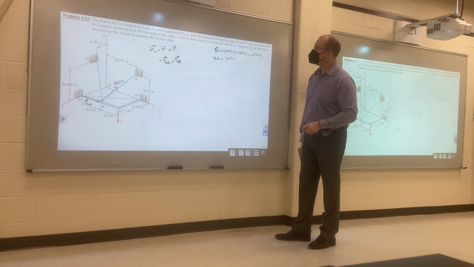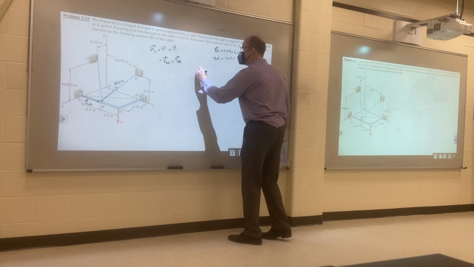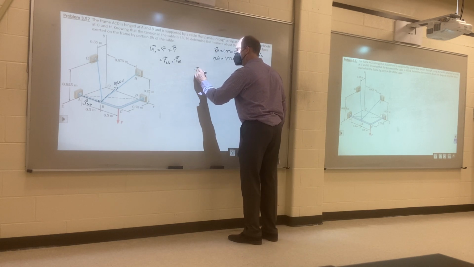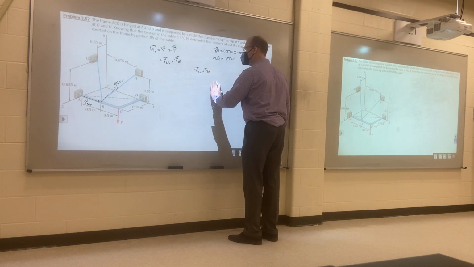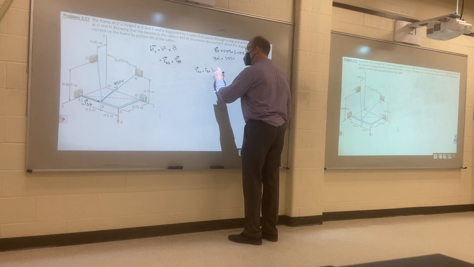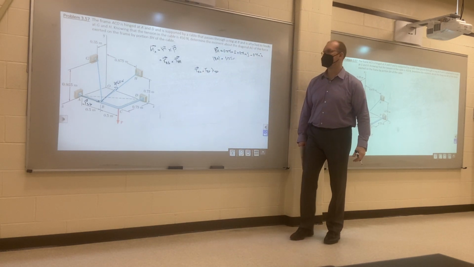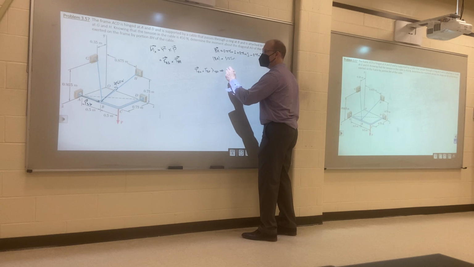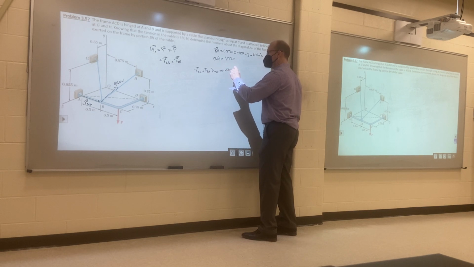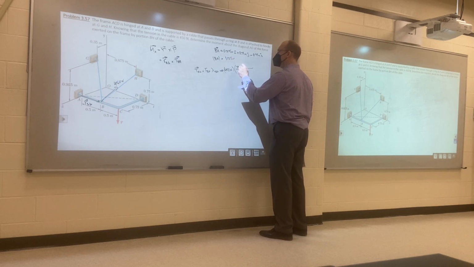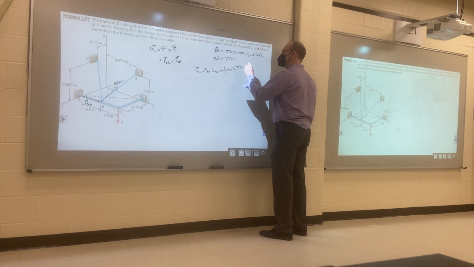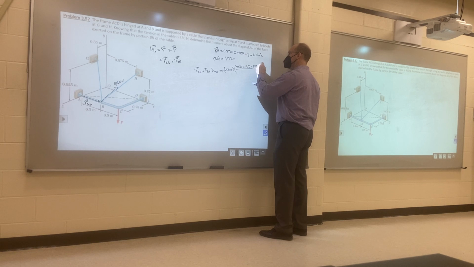And now I can find the rectangular components of that force, right? T_BH is equal to the product of the scalar magnitude acting along that cable and a unit vector. They gave us the scalar magnitude, it's 450 newtons. The unit vector is 0.375i plus 0.75j minus 0.75k, all over 1.125.